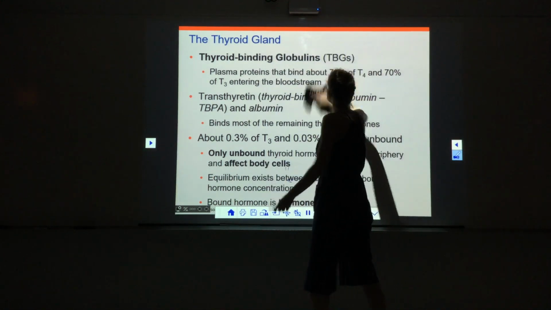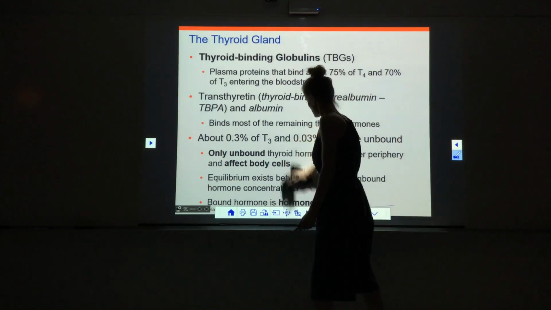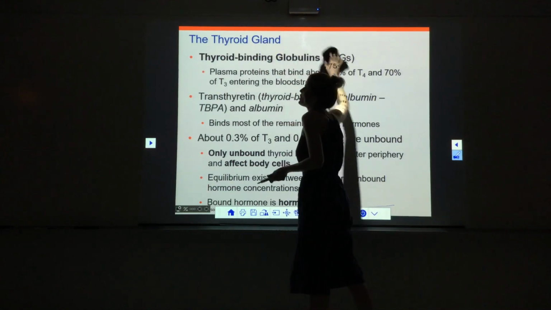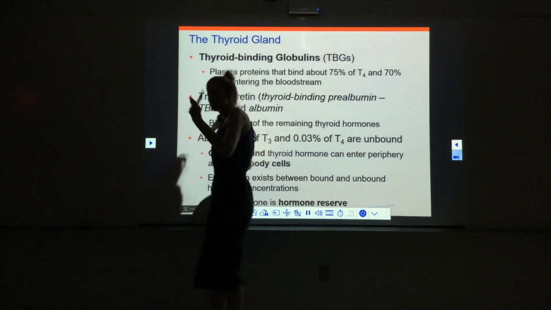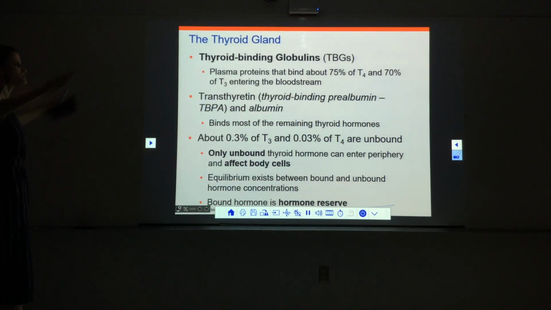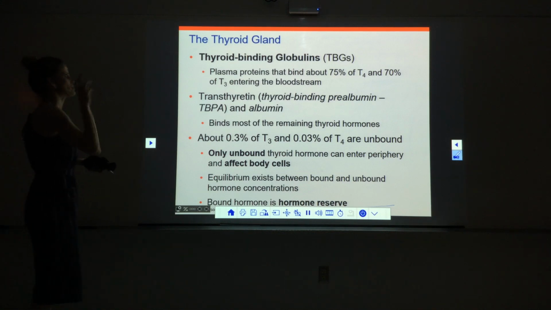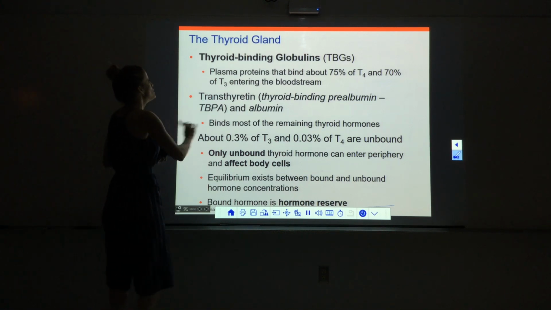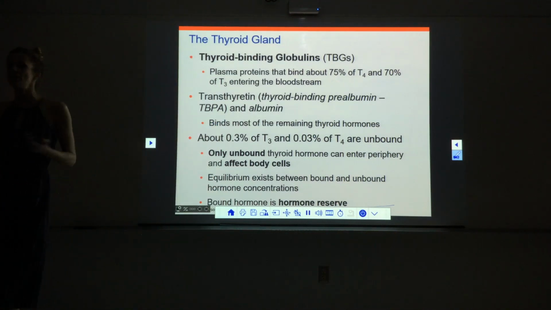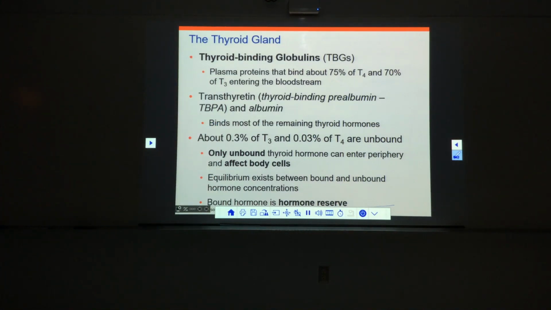So remember, we said that the thyroid hormones travel through the bloodstream attached to carrier proteins. Very, very little thyroid hormone is actually free. The vast majority, over 99% of it, is bound to proteins. So thyroid binding globulins, TBGs, are what bind most of the thyroid hormone in the bloodstream.